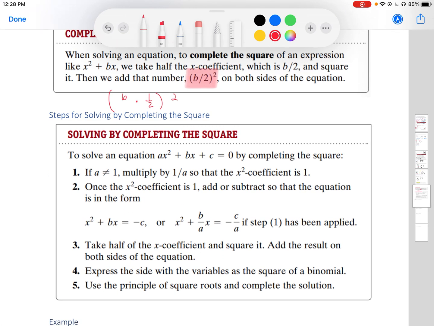Okay, now here are your steps to work with completing the square. To solve an equation ax squared plus bx plus c equals 0 by completing the square: 1. If a is not equal to 1, multiply by 1 over a so that the x squared coefficient is 1, meaning divide everything by a. 2.